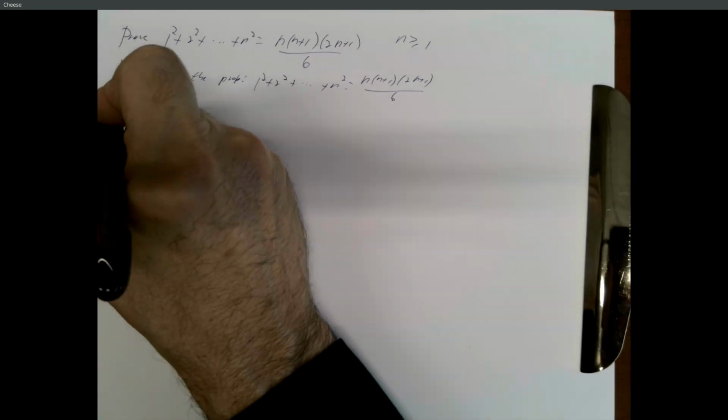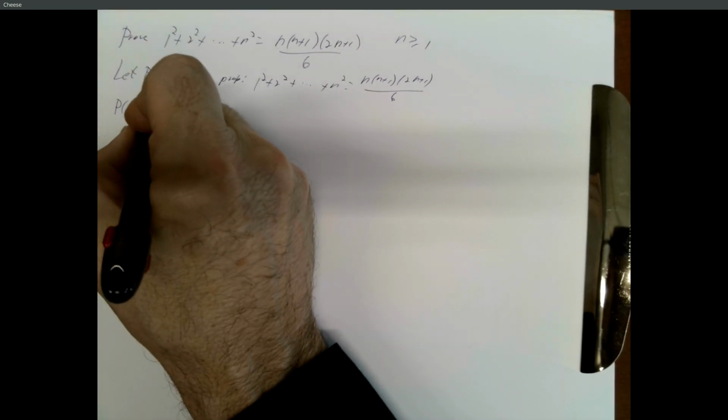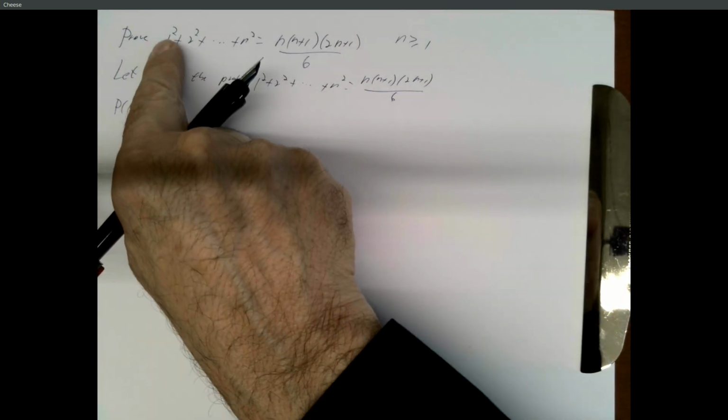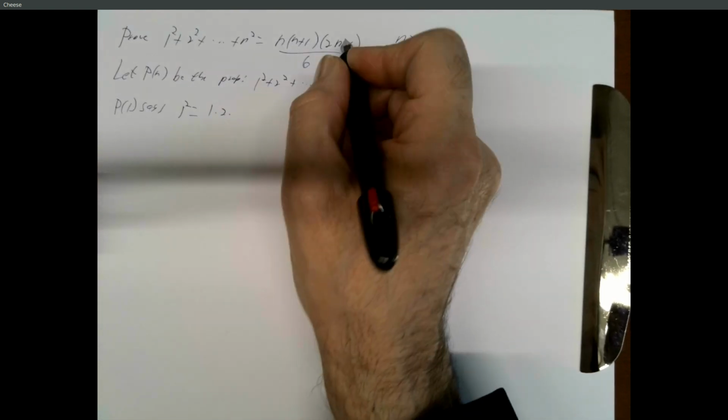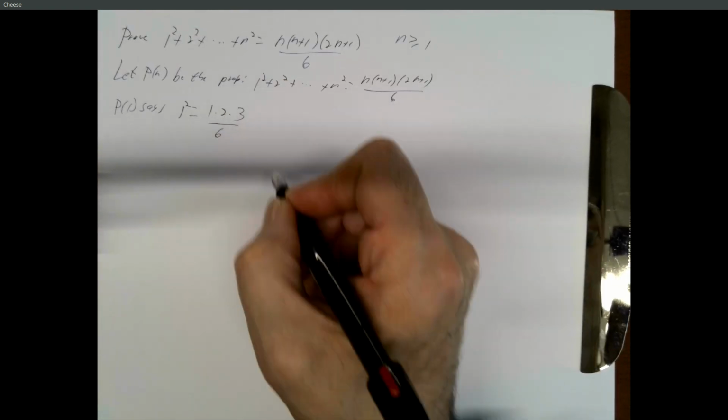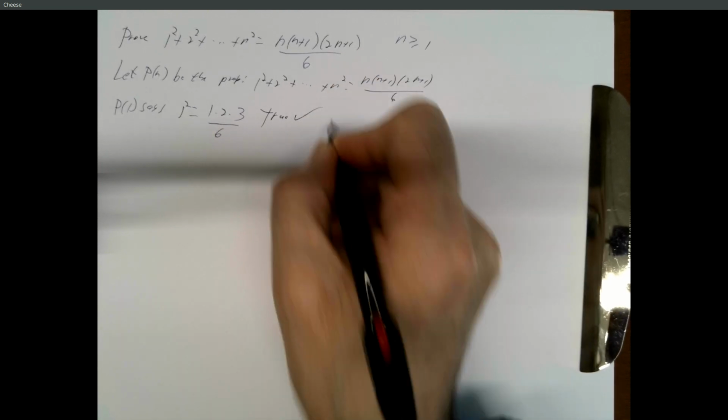Okay, that's what P of n is. So P of 1 says the sum of the first 1 squared is equal to 1 times 2 times 2 plus 1 is 3 divided by 6. That's true. So you have a base case.